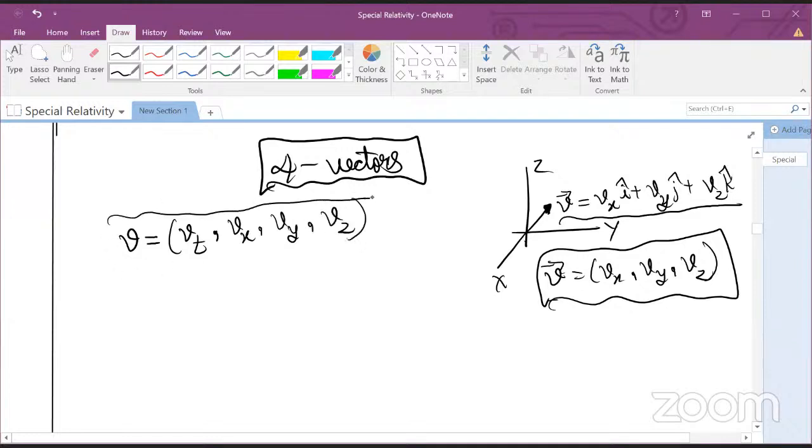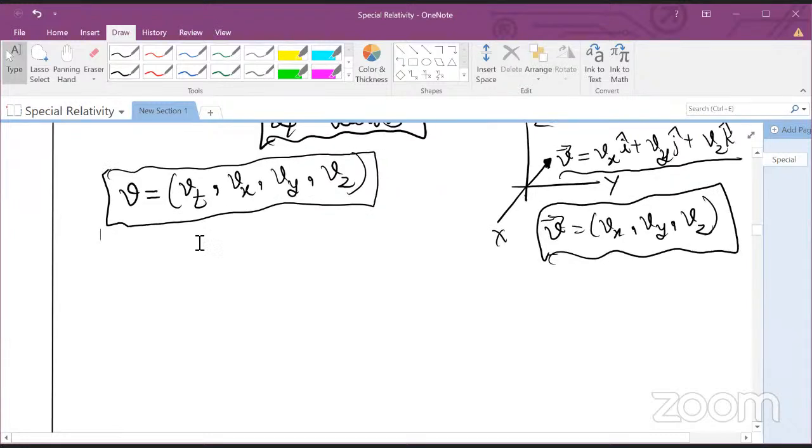So it has four components, and hence the name four vector. The time component is similar to, for example, if we say the position of something, say x, the position.